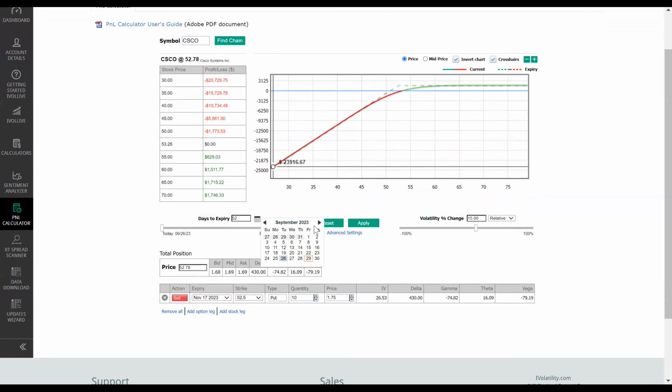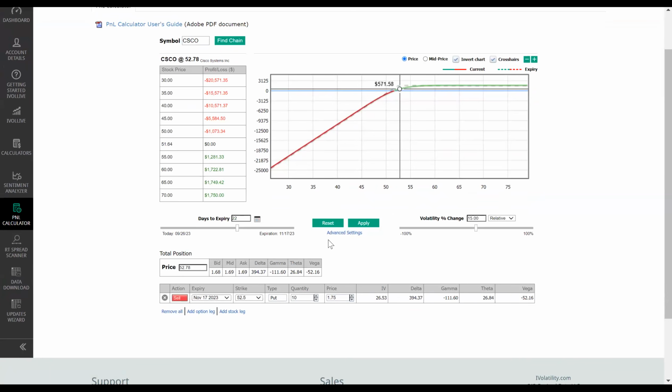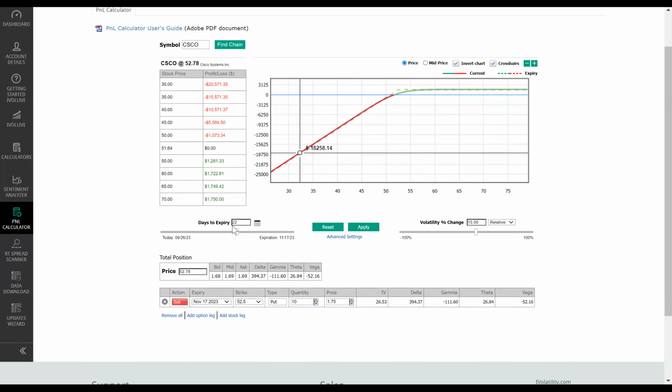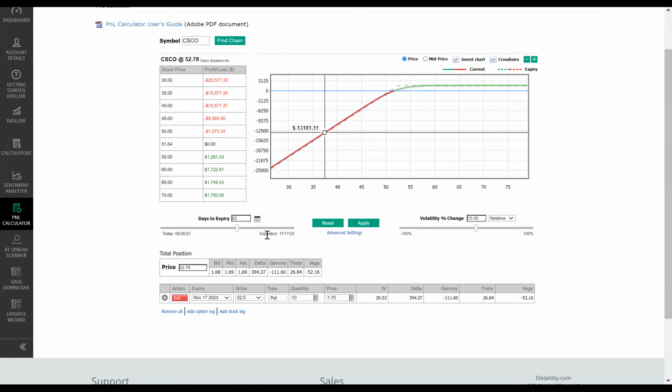What you're also able to do with the P&L calculators, you could say, well, what happens if we get closer to expiration? We're 1 month out, and all of this will update based on that lower days to expiration, what we call DTE. So, bottom line, from looking at the chart, running the technical analysis, running the probabilities, and then looking at the profit, the P&L, overall this is something I feel good about.